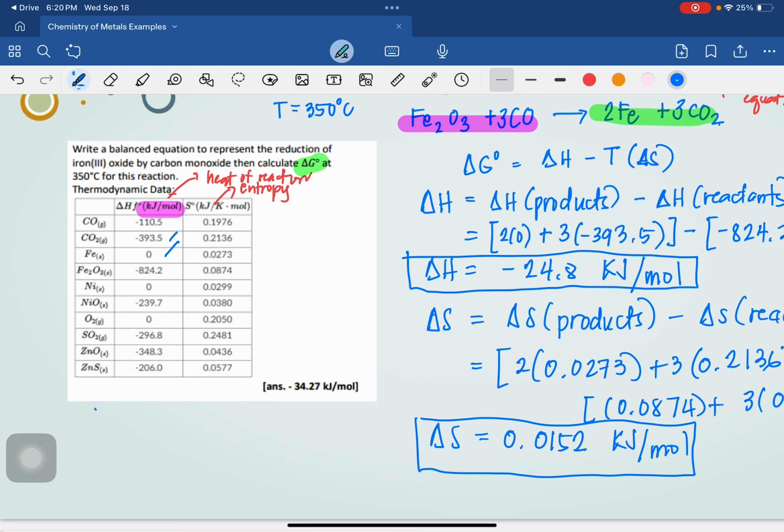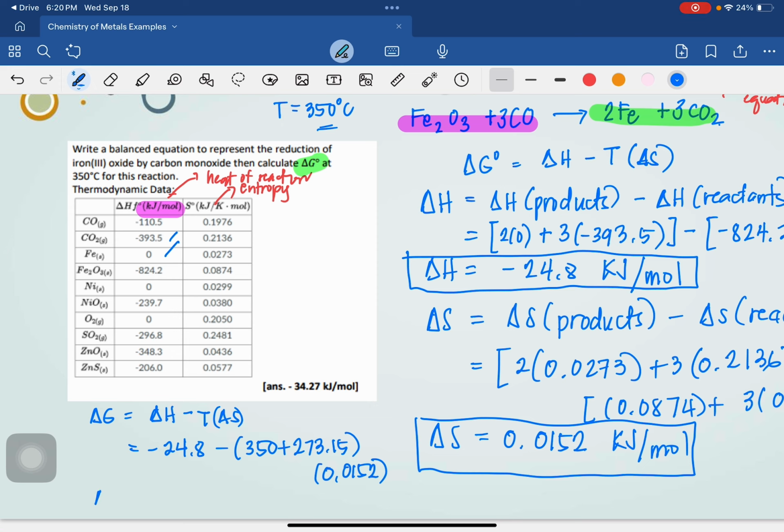So our delta G, our Gibbs free energy, is delta H minus T delta S. However, take note that T should be in Kelvin, and what we're given is in Celsius. So we can just substitute straight out 24.8, that's kJ per mole, remember that, and then minus 350, the given, plus 273.15 multiplied by 0.0152.